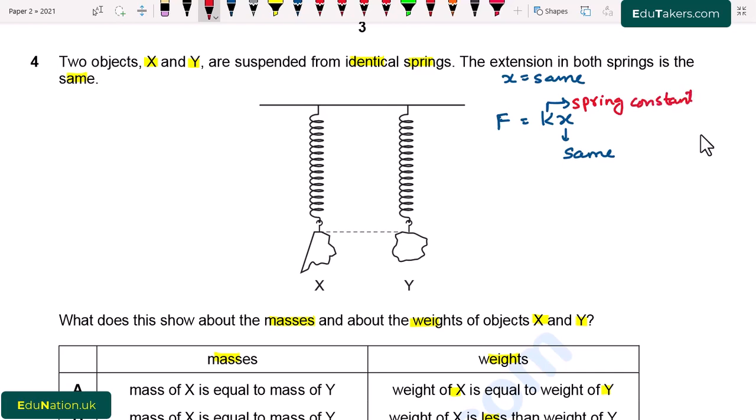As it is given that both of the springs are identical, which means that the value of spring constant is also the same. So F, which is the force, also remains the same. So this force is actually equal to weight. It means that weight remains the same.